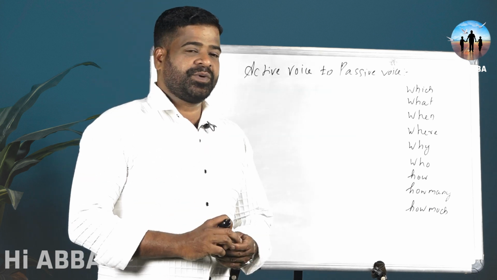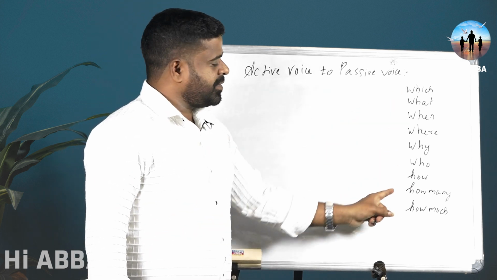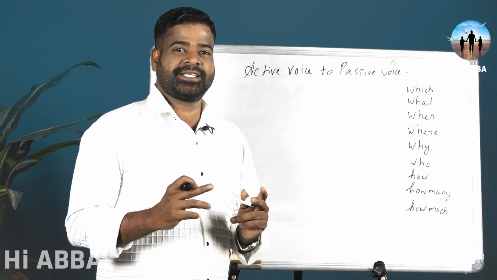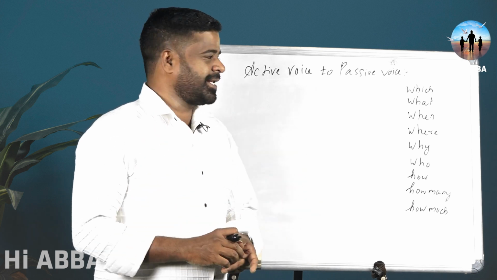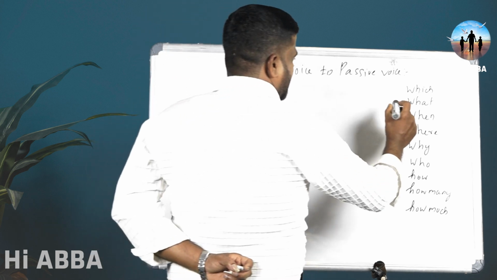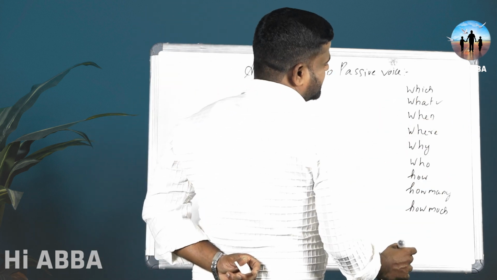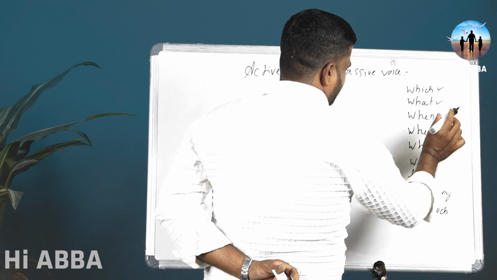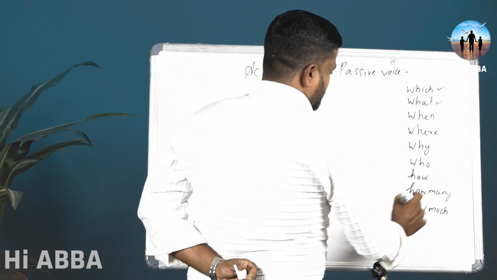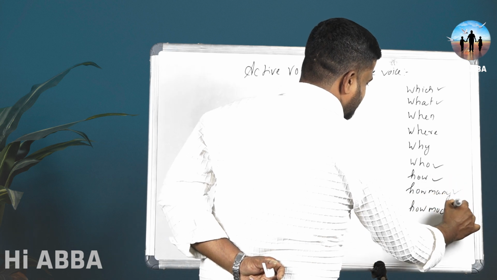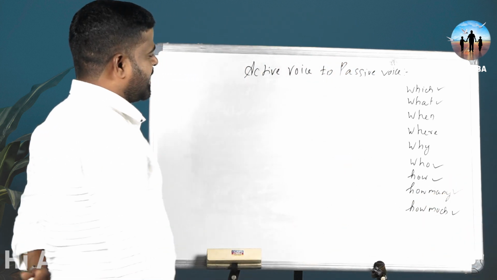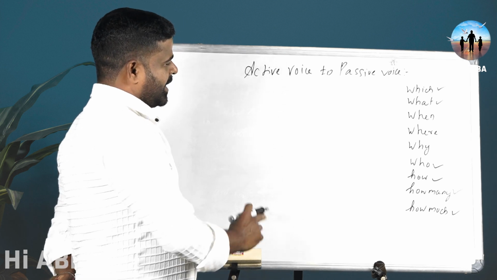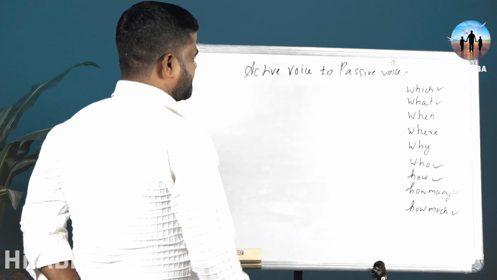Before giving that example, among all these WH question forms, which forms can be written as a subject or as an object in a question? Now let us say what, this can become an object, and which also can become. When we cannot write, who will become, and how much and how many, these can be written as an object itself. Now why I am giving an example now, you see.